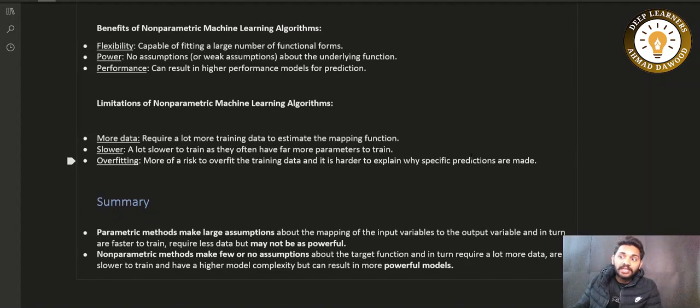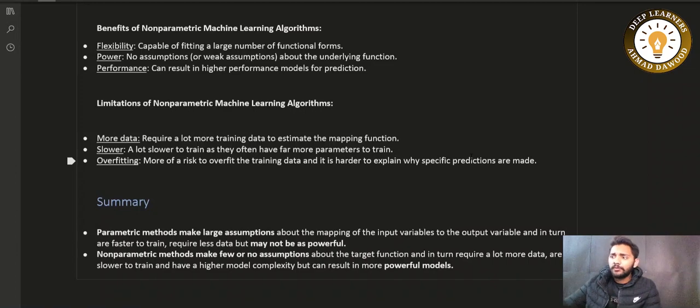Okay, so that's why it is quite slower, because it is feeding each data point very slowly compared to the parametric models, because in parametric models you have a fixed and small number of parameters.